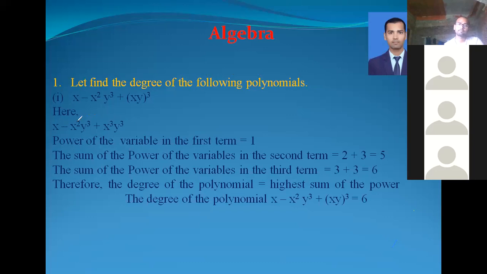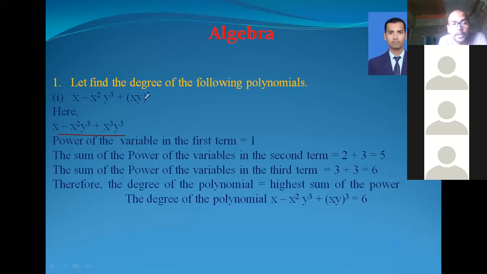Here we have the question x minus x square y cube plus x cube y cube. Because of removing the bracket, we need to give the power to each of x and y, because the power indicates the whole. That's why the power applies to x and y too, so here x cube and y cube.